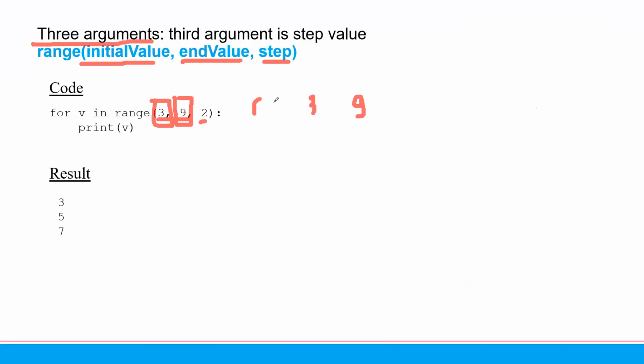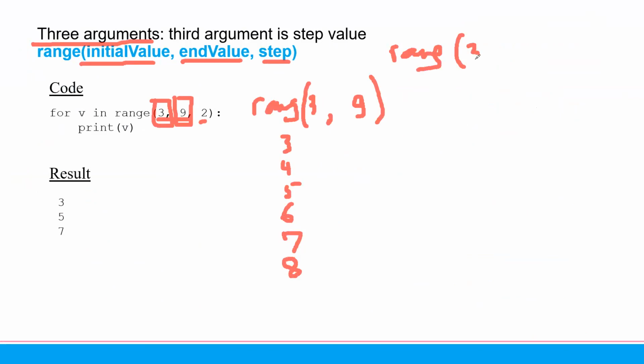You can imagine this is range 3, 9. What is 3, 9? We have 3, 4, 5, 6, 7, 8. This is the standard, equal to range 3, 9, 1.